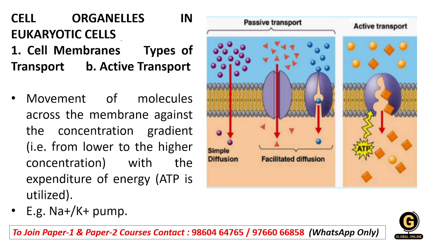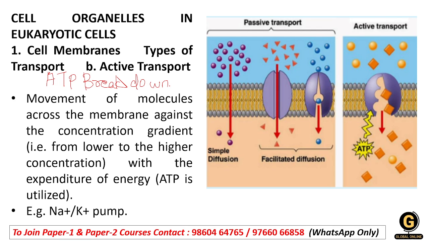Energy is required. ATP breakdown. In active transport we require energy, whereas in passive transport we don't require energy. The molecules or the fluid flows from the high concentration to the low concentration.